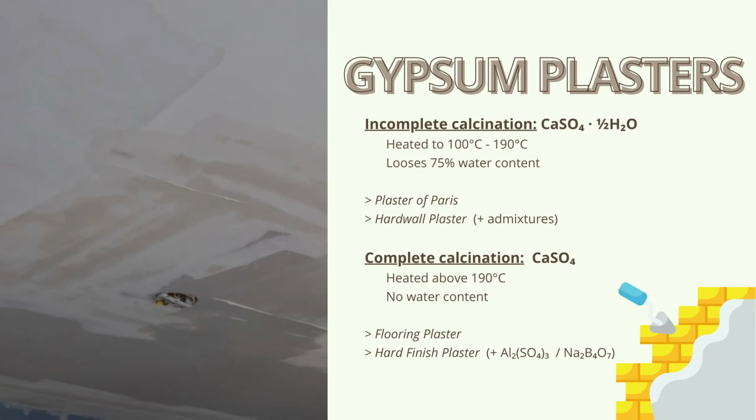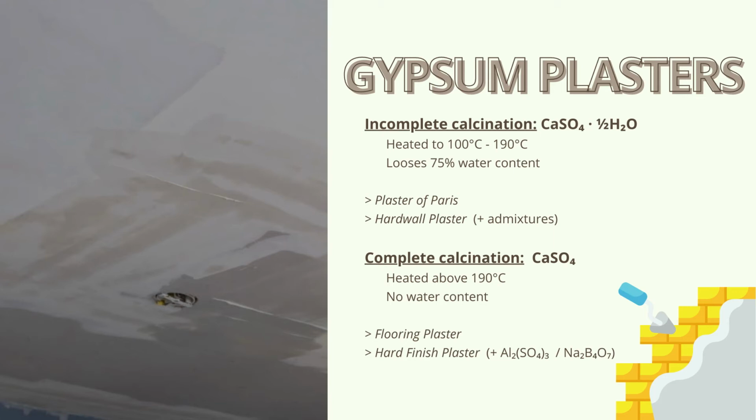Second, gypsum plaster. Gypsum plaster is a white cementing material made from the partial or complete dehydration of the mineral gypsum. This is applied in a plastic state, i.e. with water, and this sets and hardens through the chemical recombination of gypsum with water. Partial dehydration involves a low burning process, called incomplete calcination.